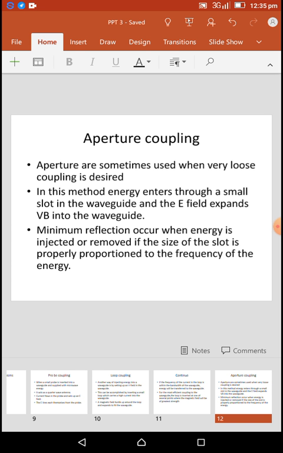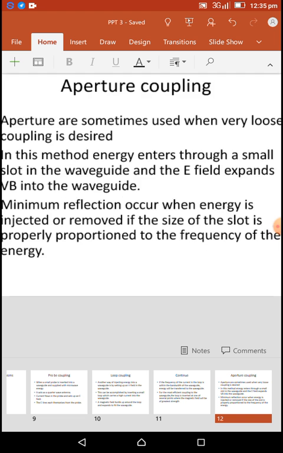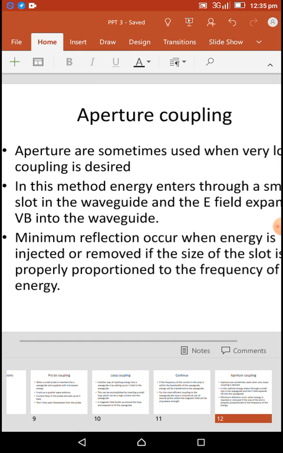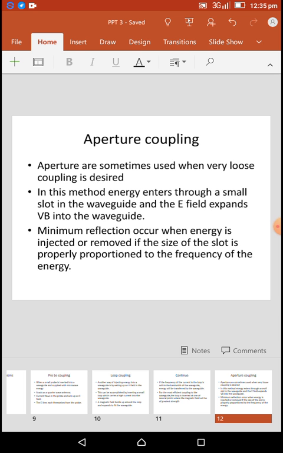The next one is aperture coupling. Apertures are sometimes used when very lossless coupling is desired. In this method, energy enters through a small aperture in the waveguide, and the E field expands into the waveguide.